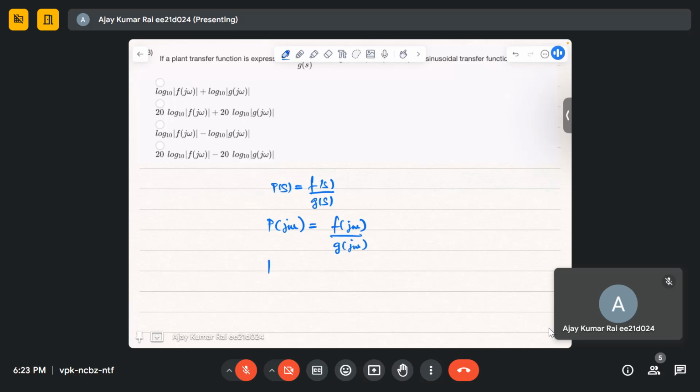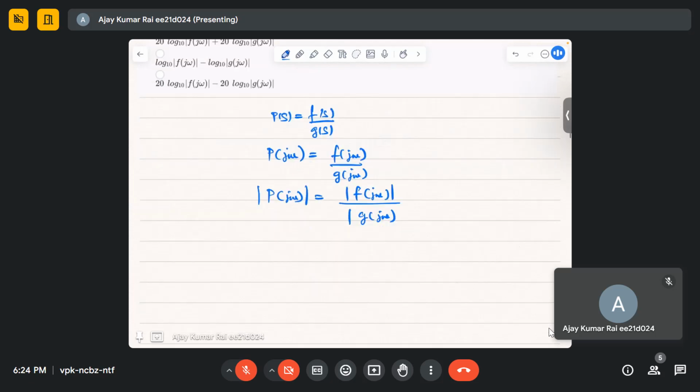And if you want to find the magnitude, the magnitude is magnitude of numerator by magnitude of denominator. And in dB, this is base 10.